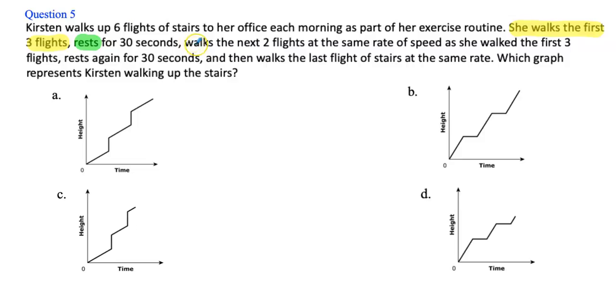Then after that, she walks the next 2 flights. And she does that at the same rate of speed as she walked the first 3 flights. Then she rests again for 30 seconds. And then she walks the last flight of stairs.